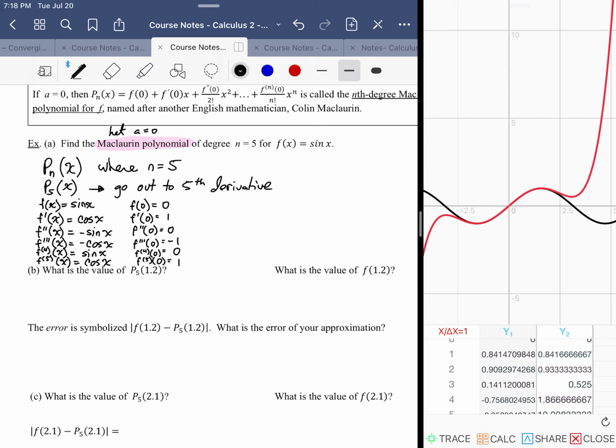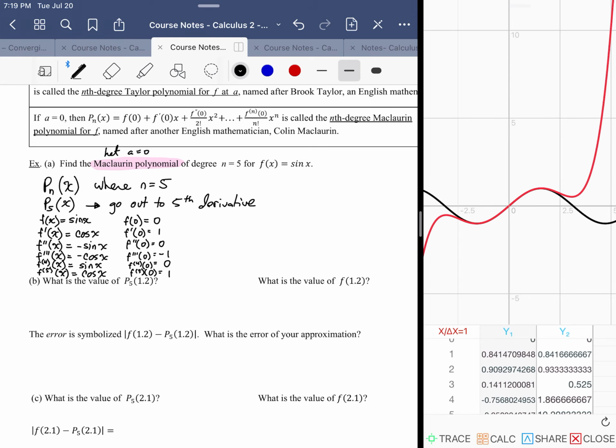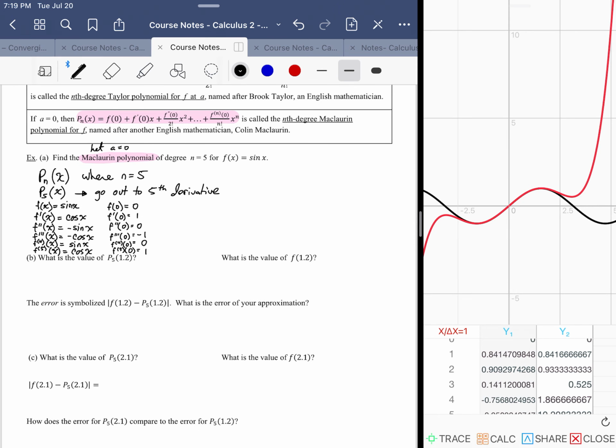All right, and so if we follow the model, it's really just building off of what you see here. Just make that a little thicker. So p sub 5 of x is going to be equal to, so f of 0 is going to be 0.